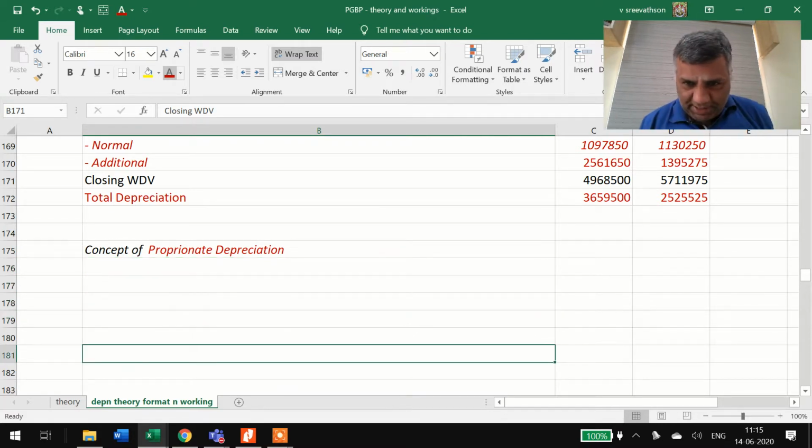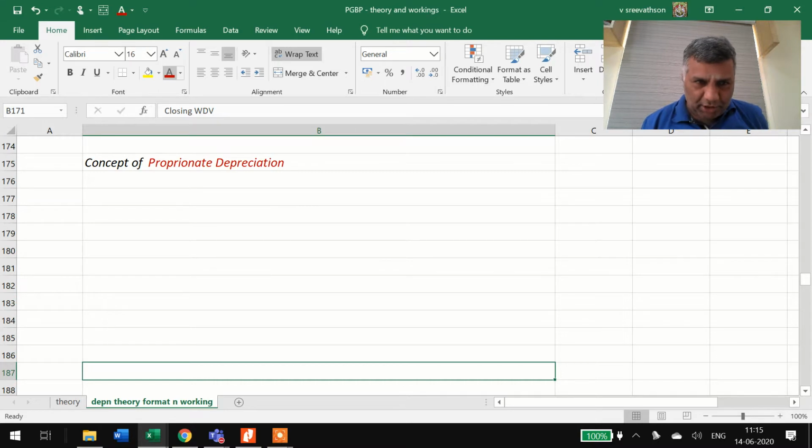So just now in the morning you were shouting at the top of your voice saying there is no proportionate depreciation under tax law, and suddenly we see you writing that concept of proportionate depreciation.